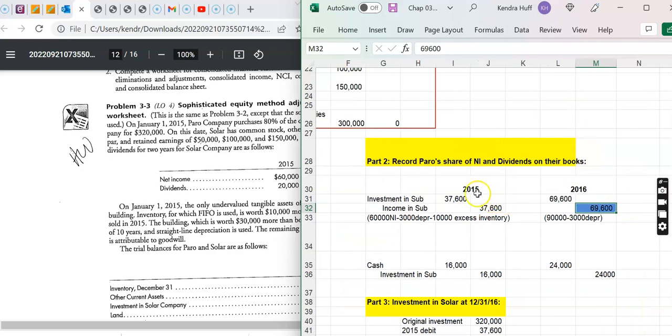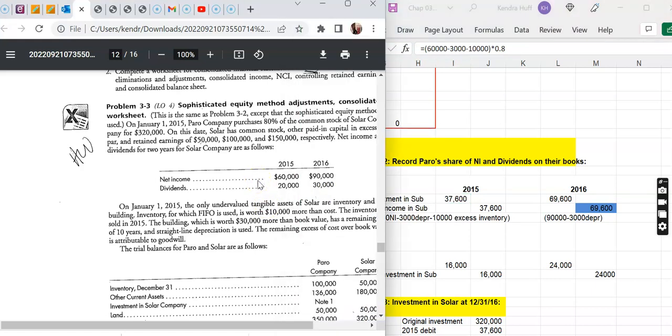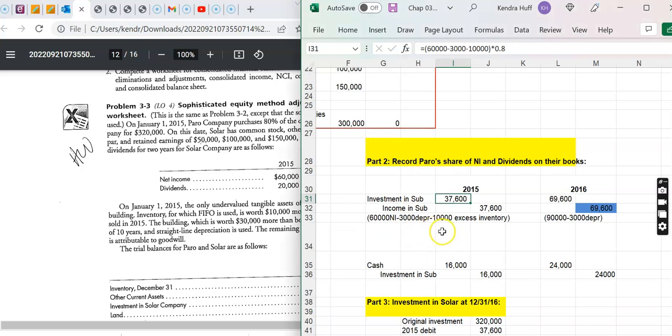All right, so the sub had 60,000 in net income in 2015. So we get the 60,000 minus the 3,000 in depreciation and minus the 10,000 excess, and then times, do we only own 80%? What do we own? I don't know. 80%. So this is going to be times 0.8.